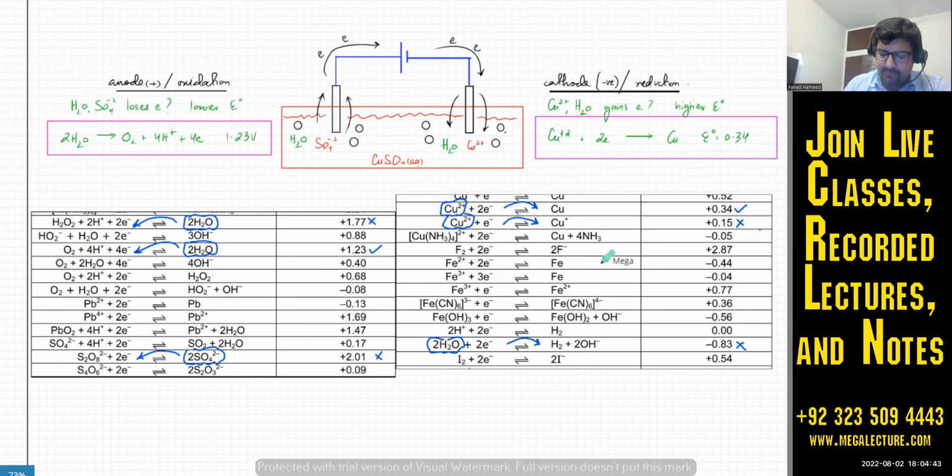One very minor point. The last point was that the battery voltage, the battery EMF, should be greater than the potential difference of your two equations.